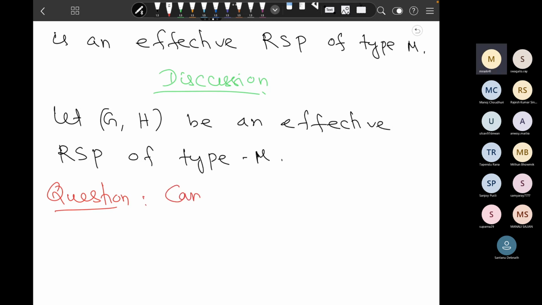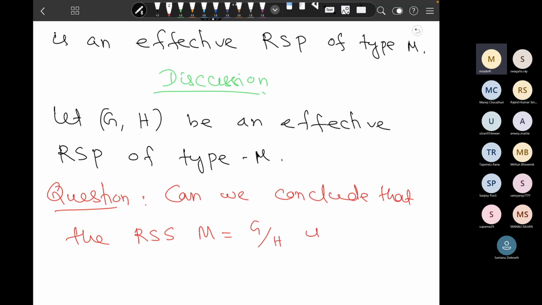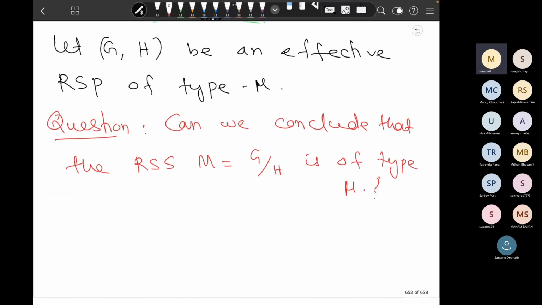So can we conclude that the Riemannian symmetric space M equal to G mod H is of type mu? So that is the thing.